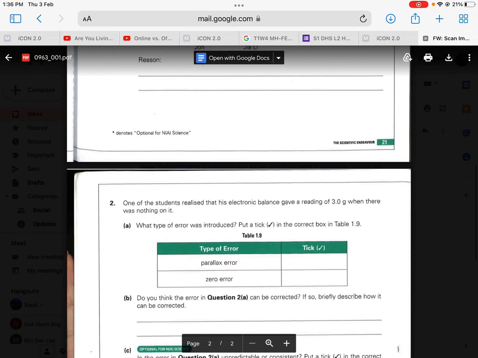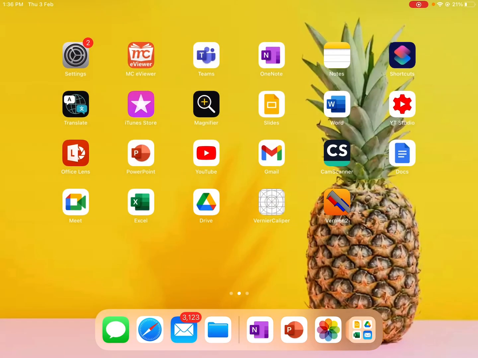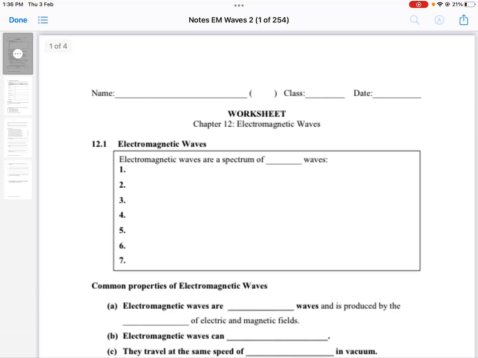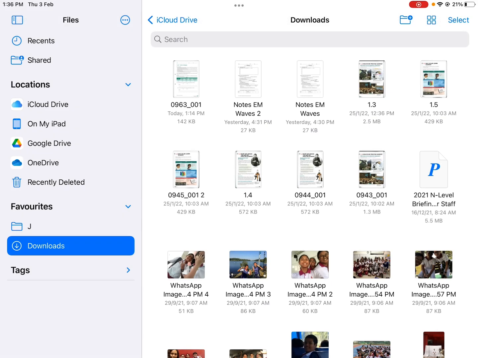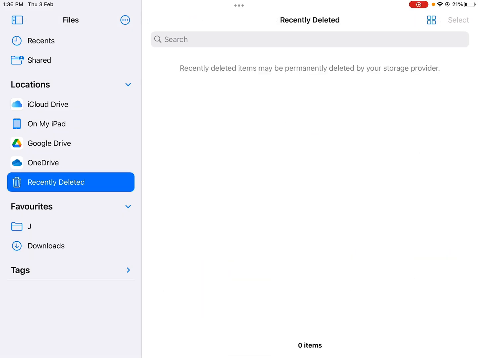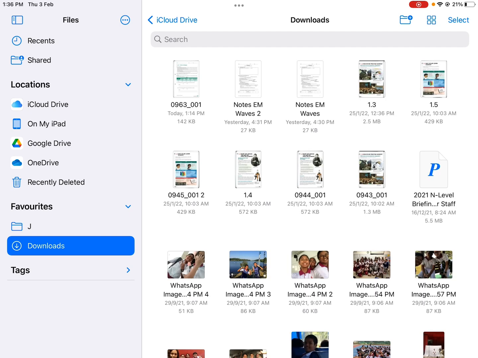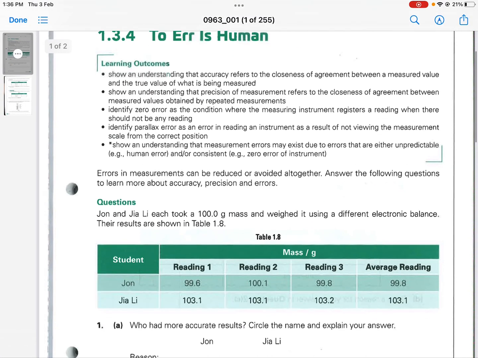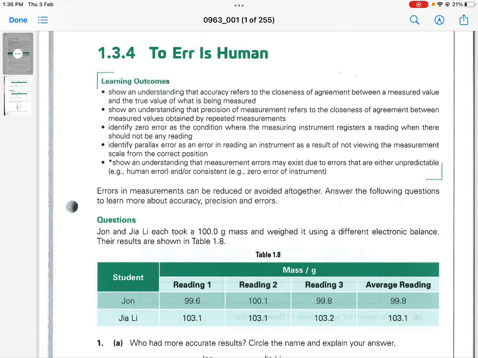I would like to invite all of you to open your activity book 1.3.4.